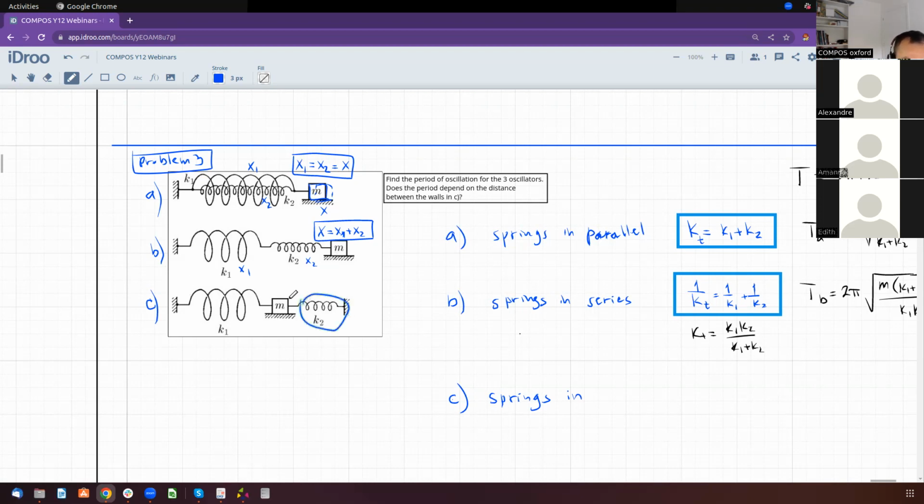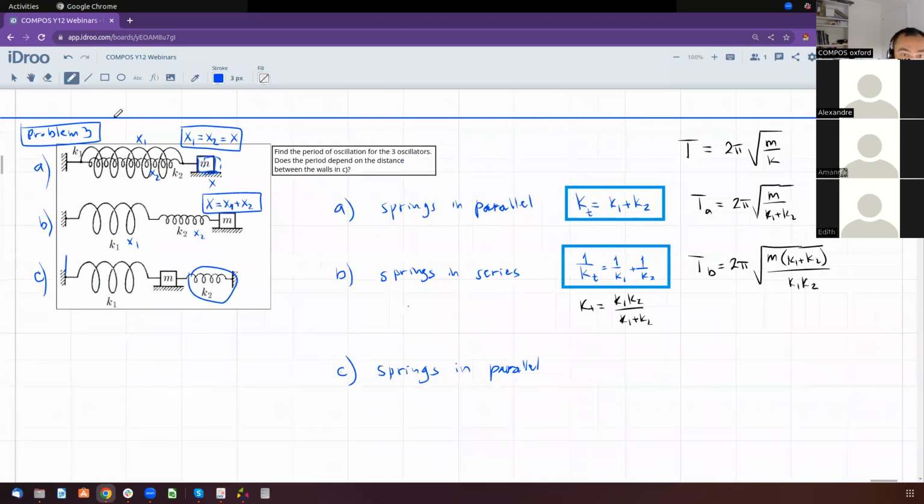It's the same thing. It's a parallel combination of springs. And of course, the time period is the same as A, so TC is equal to TA. Does everyone understand?